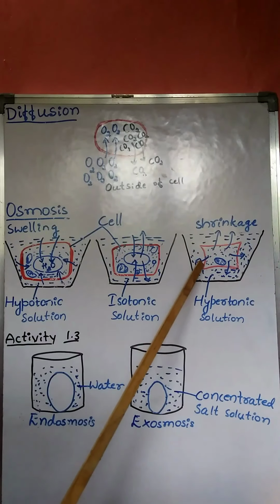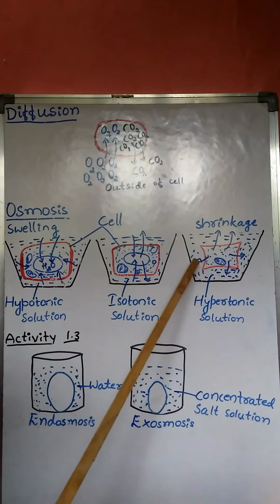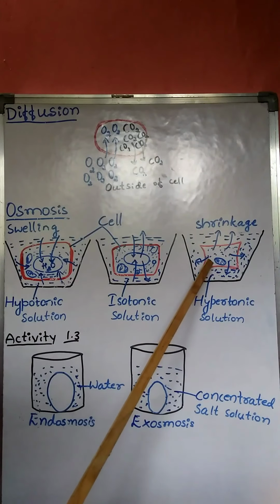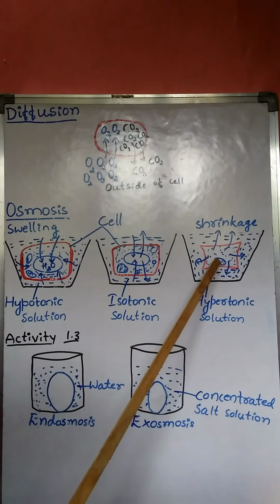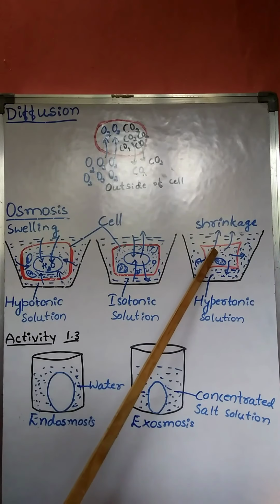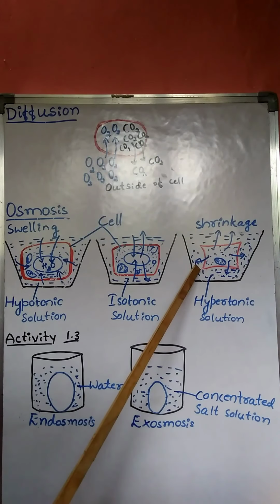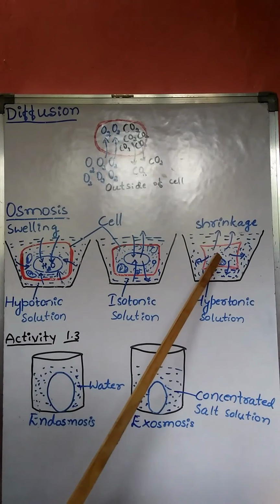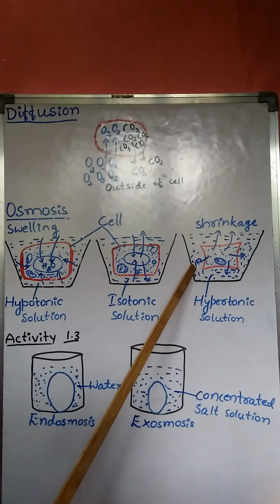When a plant or animal cell is placed in a hypertonic solution, more water molecules move from inside of the cell to outside.